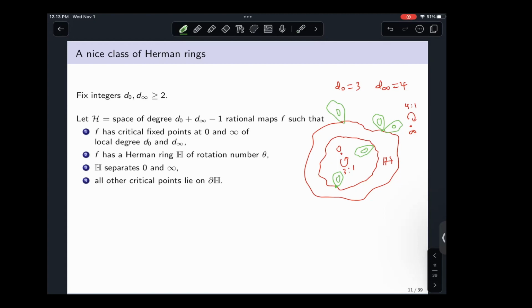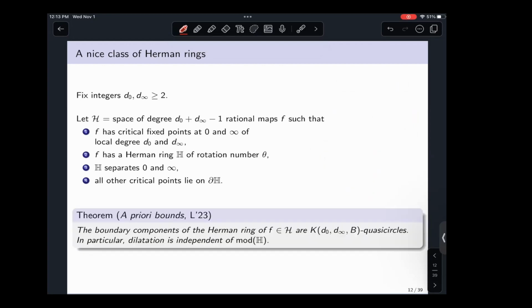And the statements that I'm going to make are with regards to the dilatation of the Herman ring, following from the previous statements. This is what I call a priori maps, which is whenever I have a rational map in this class, so the dynamical picture is the one that I drew earlier.